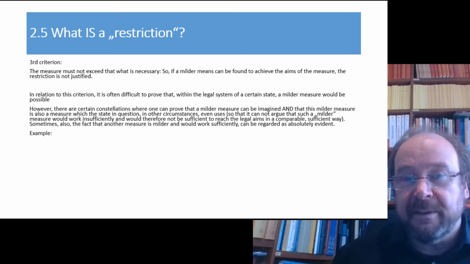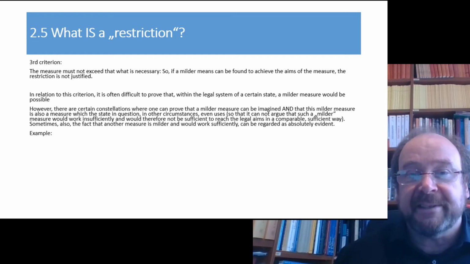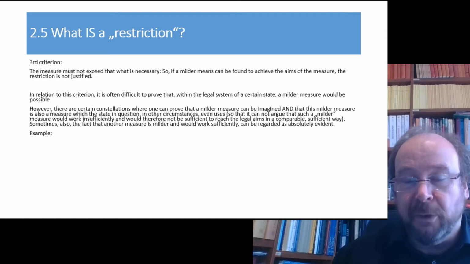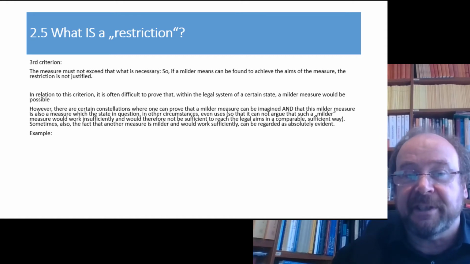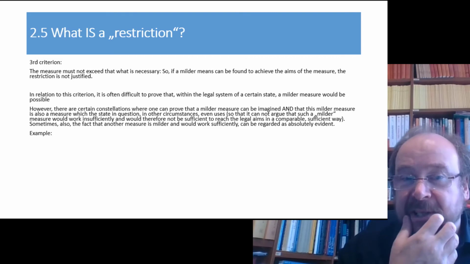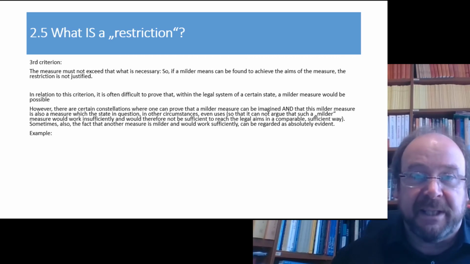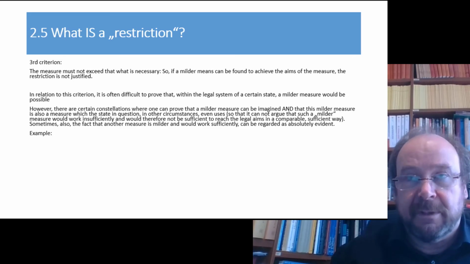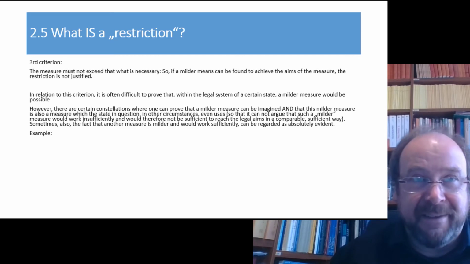So not always do you need to bring forward a comparison from the state's own behavior. You also have that absolute argumentation, which is possible, but whenever you can find a milder parallel, or milder behavior by that same state, this gives you a proof.